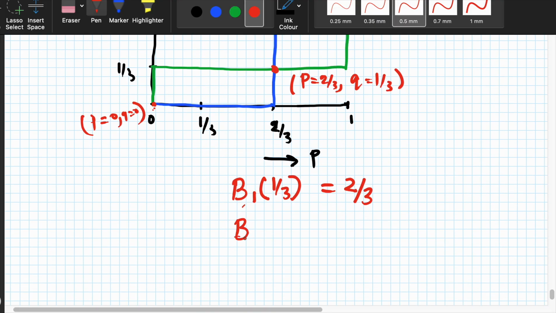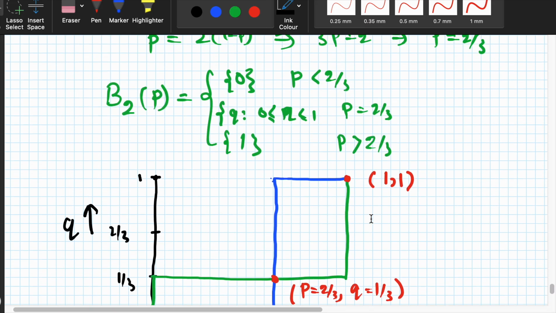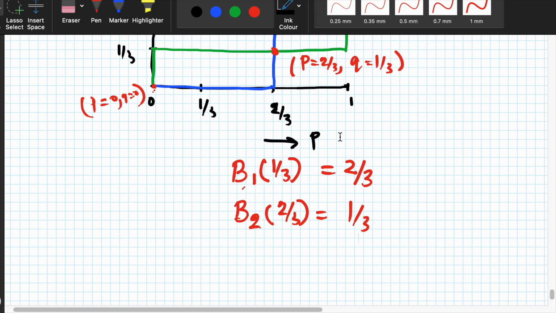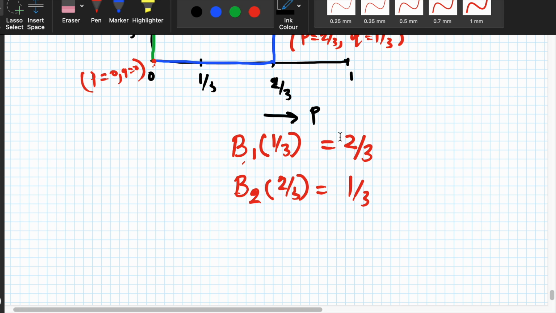And we also have to find that the best response to 2/3 is 1/3. Yes, the best response to 2/3 is any value of q, so 1/3 is also a best response.